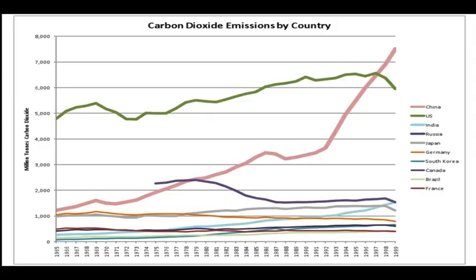We have some policies that will help, but it's difficult to turn it around. And the rest of the countries are shown down at the bottom, and when you get down to India, Russia, Japan, etc., those are fairly small.